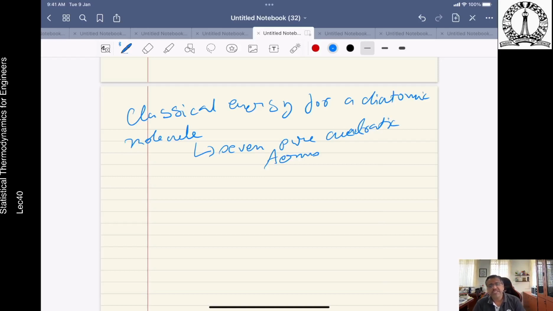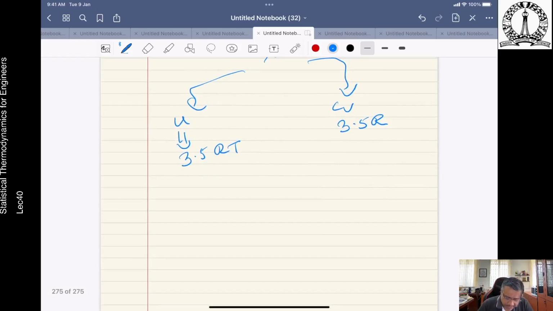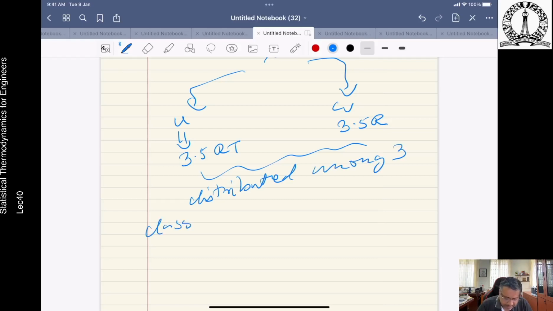The implication is that the internal energy U will be 3.5 RT, and CV will be 3.5 R per mole, as distributed among the 3 classical energy modes.